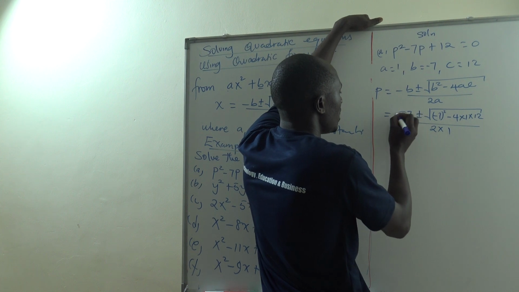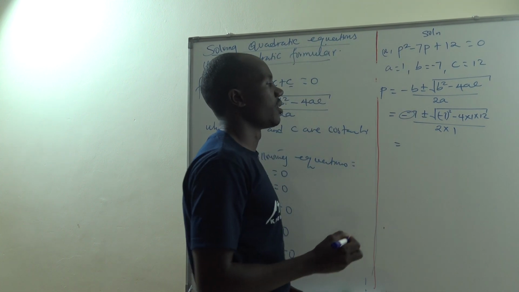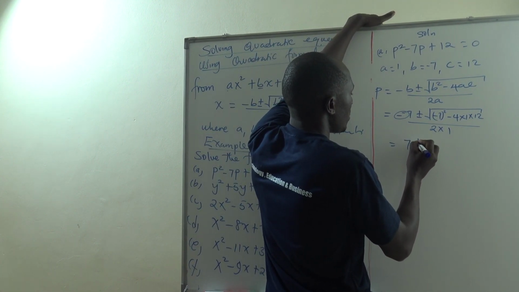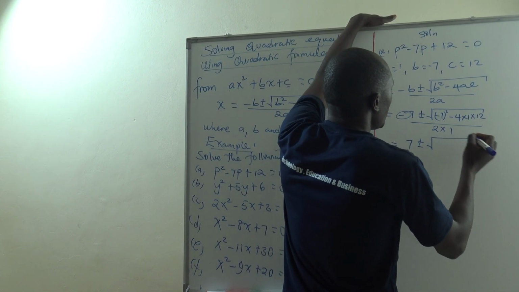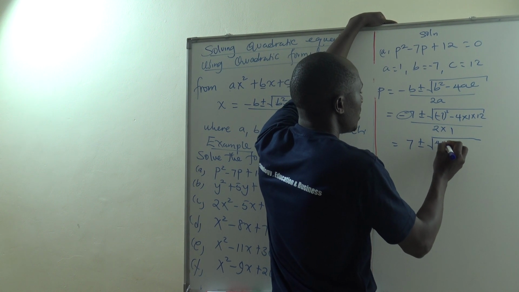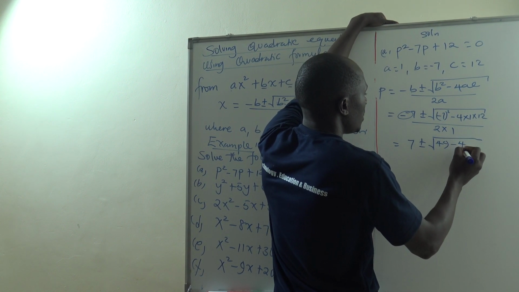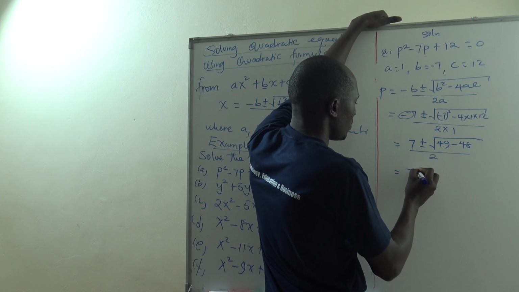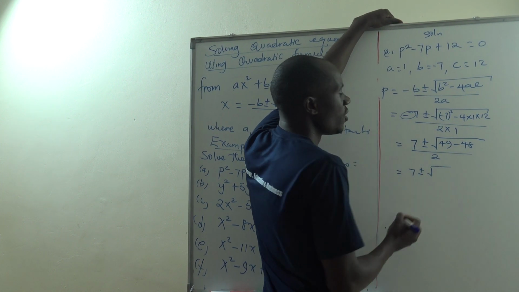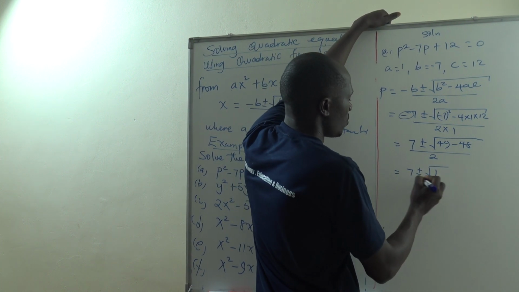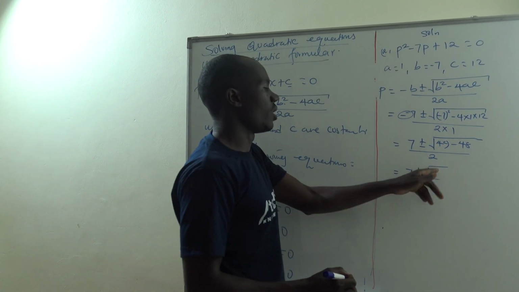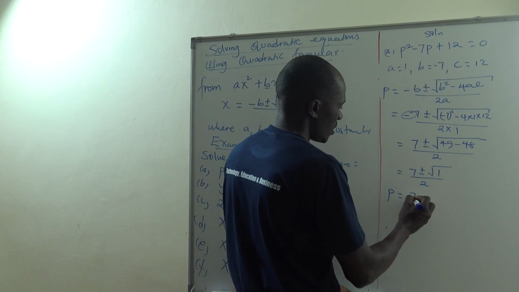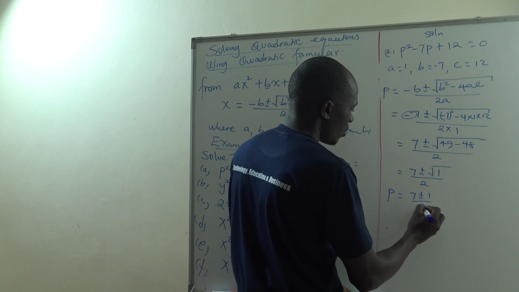The two negatives coalesce and they disappear, they become a positive, that is 7 plus or minus root of negative 7 squared, you get 49, minus 48, all over 2. This is 7 plus or minus root of 49 minus 48, you get 1, all over 2. The square root of 1 is 1. So we go on, p equals 7 plus or minus 1 all over 2.